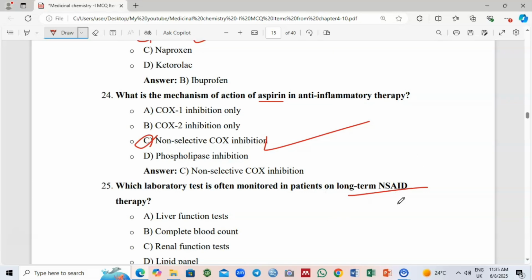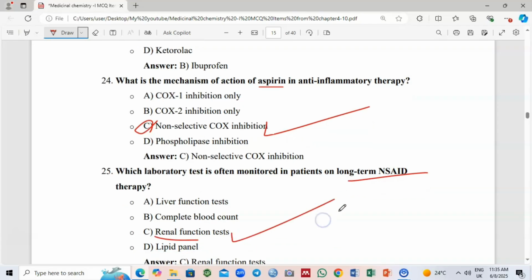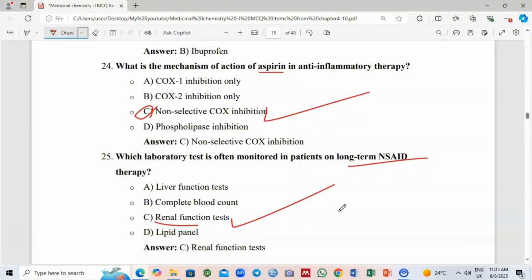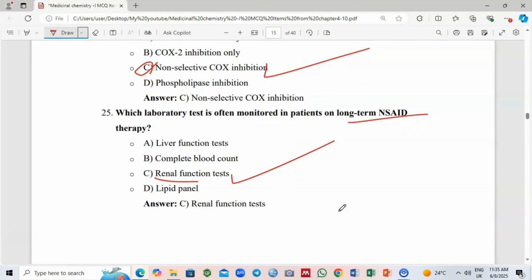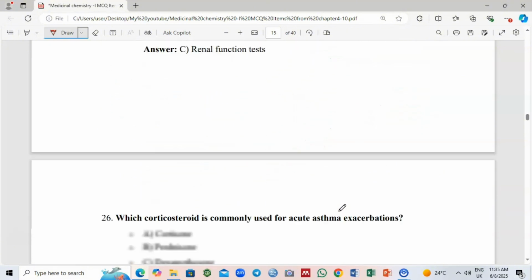So if somebody has long-term exposure or therapy with NSAID drugs, the test which can be recommended is, as you know, the renal function test, because long-term exposure to NSAIDs can be associated with kidney disease. So renal function test is the correct answer here.